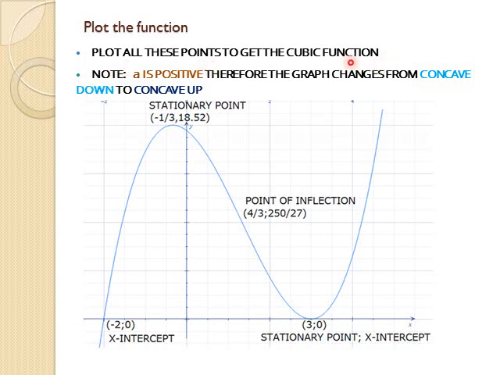Right, so now we can plot the function. To plot all these points, first I have the x-intercepts at minus 2 and 0, and 1 at 3 and 0. Take note, my stationary point was at minus 1 over 3 and 18,52, or 500 over 27. Another one at 3 and 0. The point of inflection, where the graph changes from concave down to concave up, was at 4 over 3 and 250 over 27.